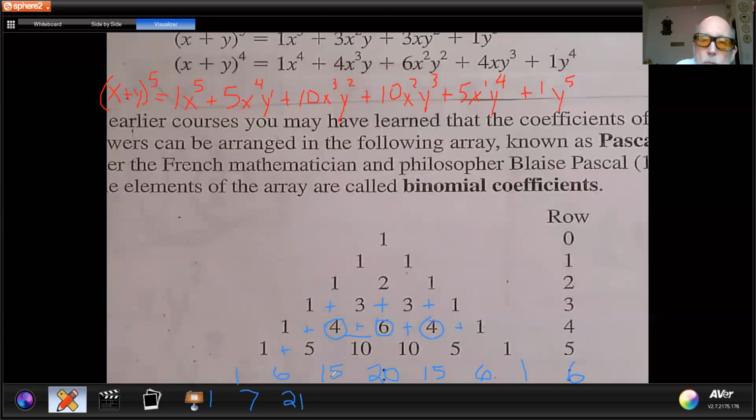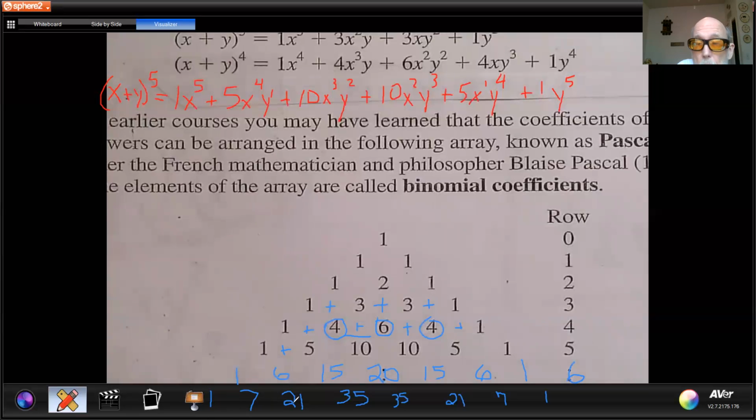Yay. 15 plus 20, hey, that's 35. 20 plus 15, another 35. 15 plus 6, another 21. And then 7, and then 1. So see, I can find any row that I want. And then since I know the letters go down, the x letters, this would be x7, and this would have to be x6, y1.